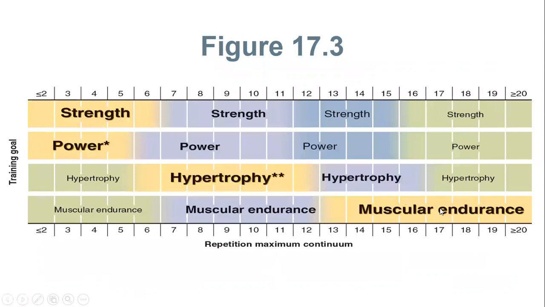Notice the letters get larger; this is more where the focus is. Heavier resistance is going to be on the left, lighter resistance toward the right. So ideally, we want moderate resistance for hypertrophy, light resistance for muscular endurance, and heavier resistance when it comes to power and strength.